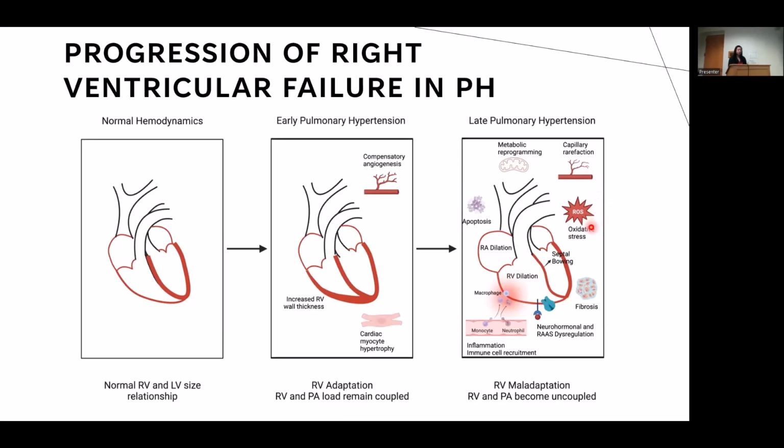There are reactive oxygen species and oxidative stress, fibrosis, neurohormonal and RAS dysregulation. And then what I'm interested in, which is inflammation and immune cell recruitment, is happening in the right ventricle, and little is known about why or what exactly that is contributing to or causing in right ventricular maladaptation.